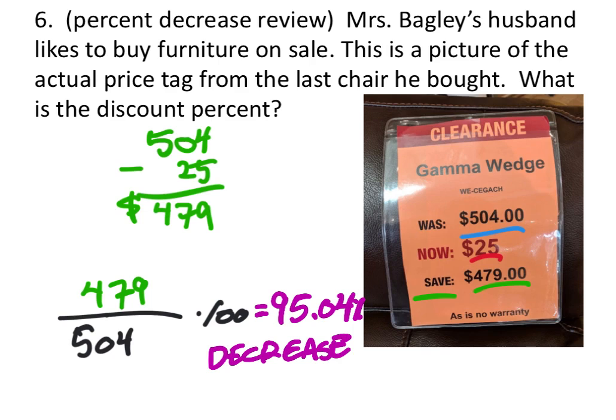And so if you pay $25 for this chair, you would have paid about 4.96% of what the original price was. Or again, you can look at it as 95.04% off of the original price.